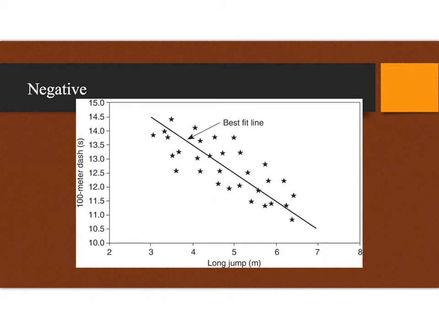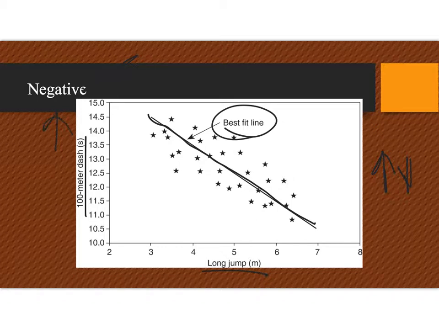Now you see that this is a downhill line here, which is called the best fit line. You'll see all the dots around it, but it's going down. So we're doing a 100-meter dash and long jump. So this is a negative correlation. As long jump goes up, 100-meter times go down.